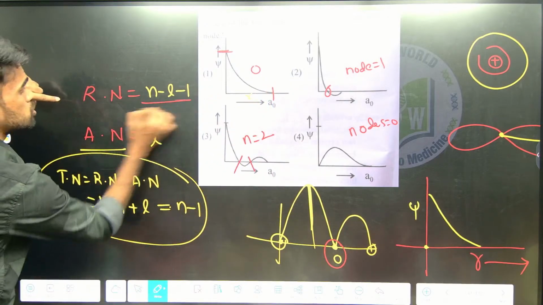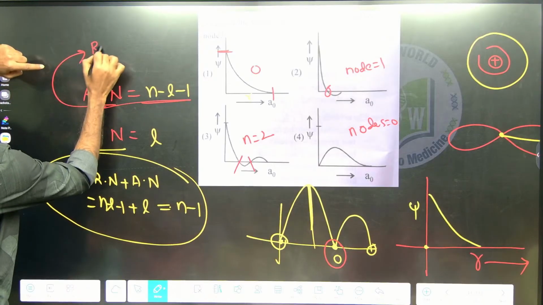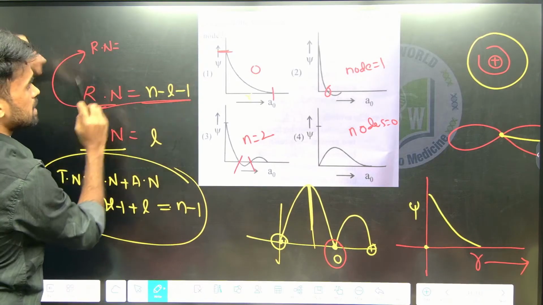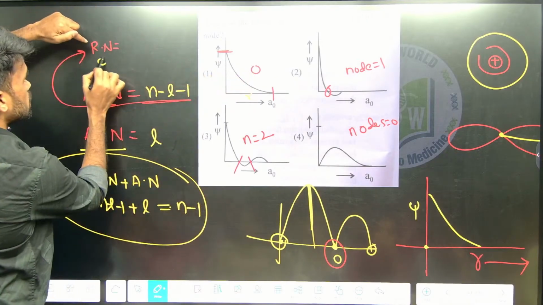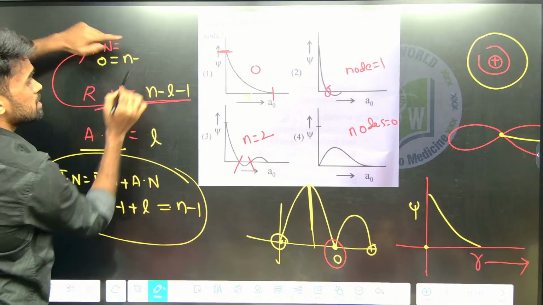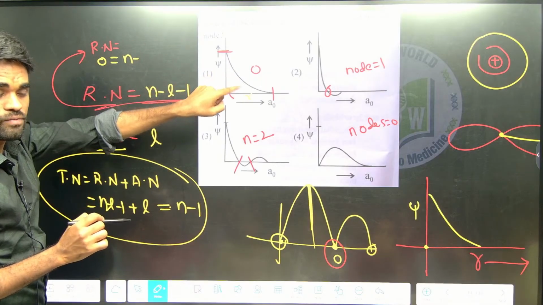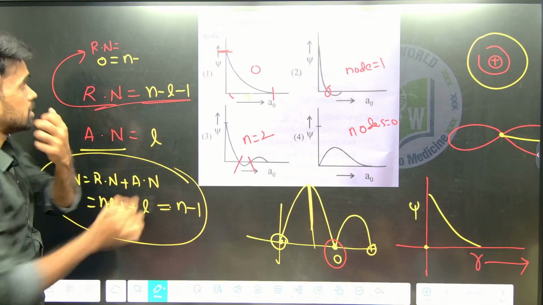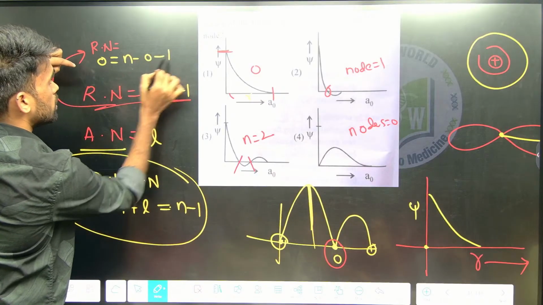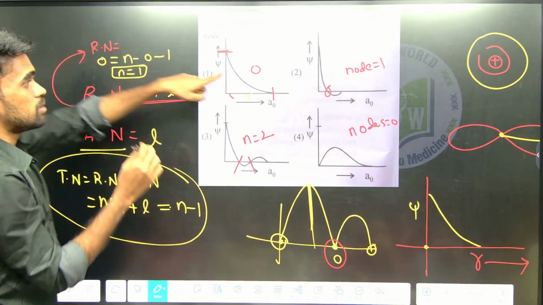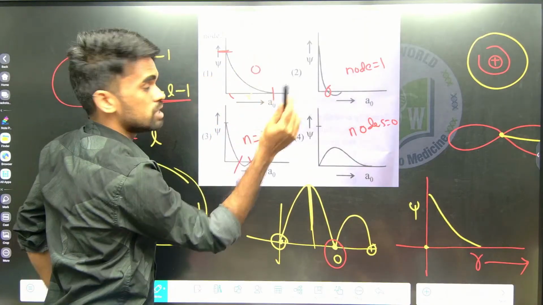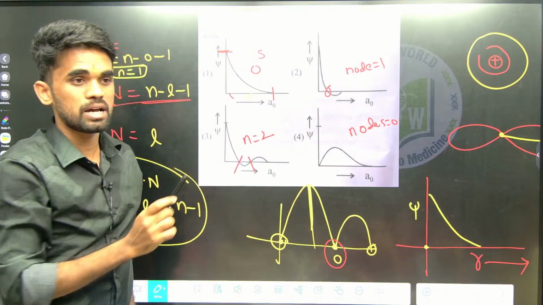So substitute in the formula: radial nodes 0 equals n minus L minus 1. For an s orbital, L is 0. So 0 equals n minus 1, n equals 1. So it is the 1s orbital graph.